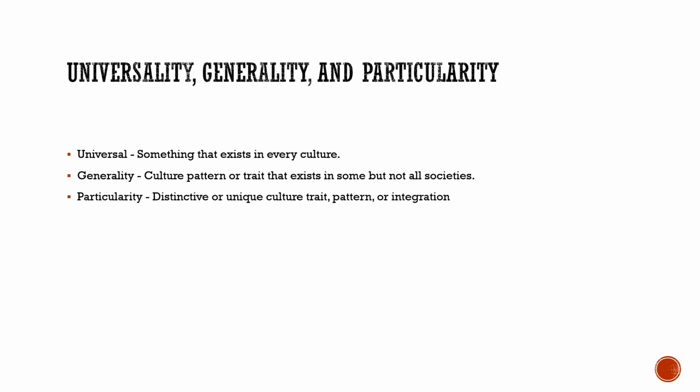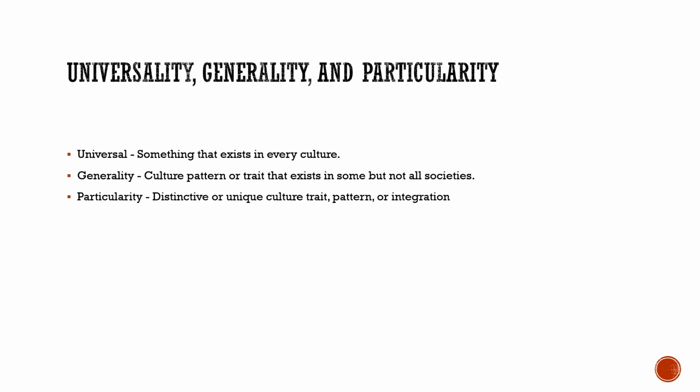Lastly, culture is really interesting because it is at the same time universal, general, and particular. Universal means something that exists in every culture. Suppose us as human beings, as a species, the way we live our life, that is universal.